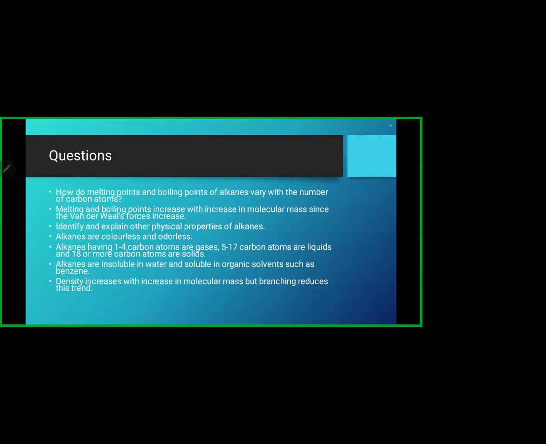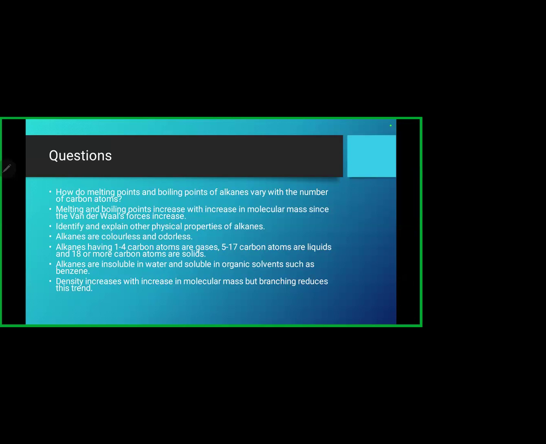And from 18 to more, until infinity basically, those ones are what? Solids. So it's important that you know the different states in which those alkanes exist. From 1 to 4, they are gases. From 5 to 17, they are liquids, and those that contain 18 carbon atoms and more are solids.